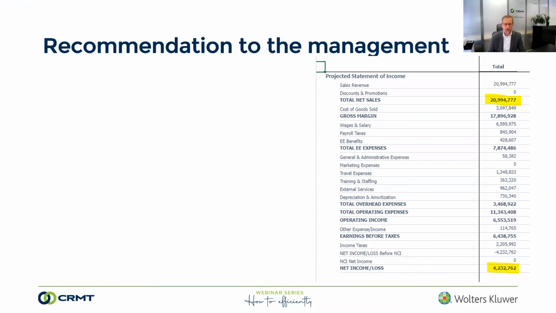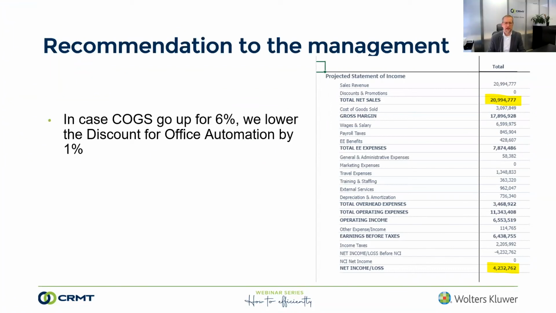Okay, continue one more, please. So the recommendation for our management, in case costs of goods sold rise by 6%, is that we can lower the discount on the office automation product category by 1%. Okay, move on.